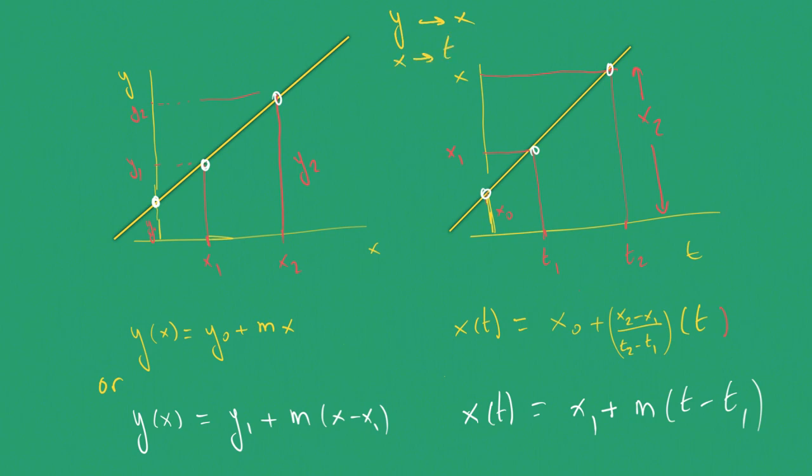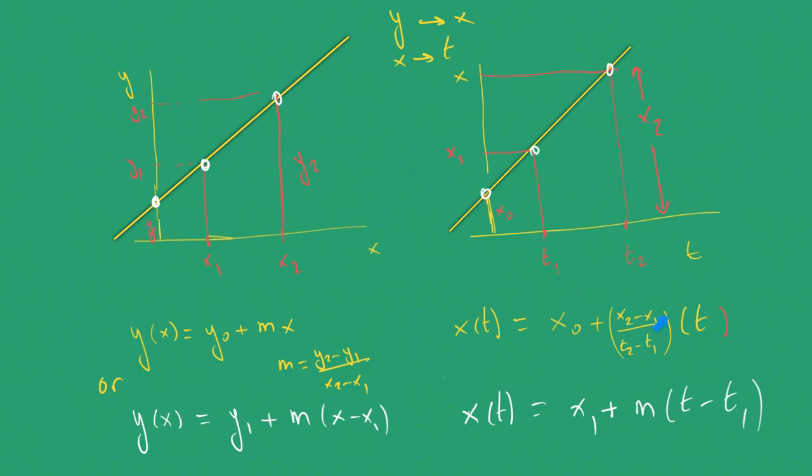So what will be the equation of a rectilinear line in space-time? Well, if y is equal to y0 plus mx, I change the y by the x, I change the y0 by the x0, and the m that was y2 minus y1 divided by x2 minus x1 will change to x2 minus x1 divided by t2 minus t1, because the y is changing by the x, and the x is changing by the t.